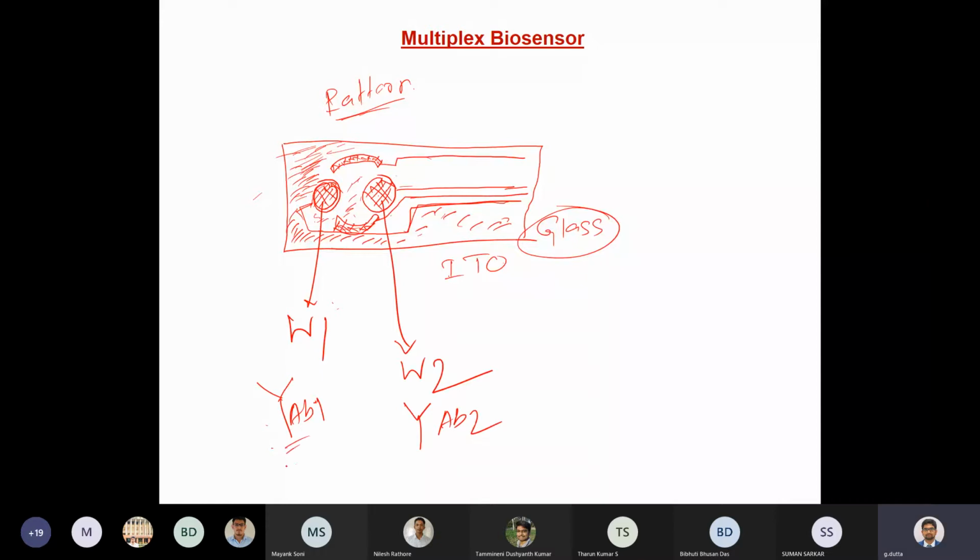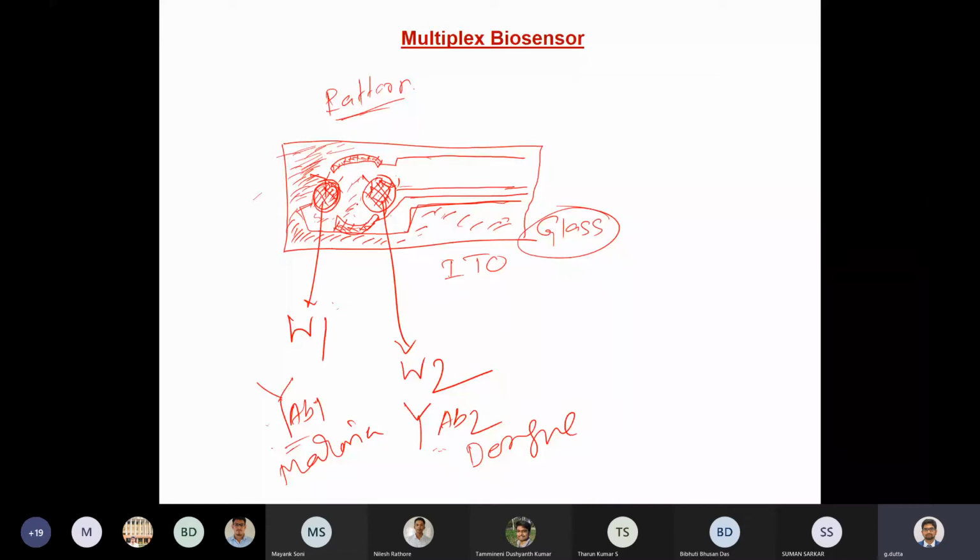Suppose this antibody can detect malaria, and this antibody can detect dengue. So you modify this surface with the malaria antibody and this surface with the dengue antibody, right?